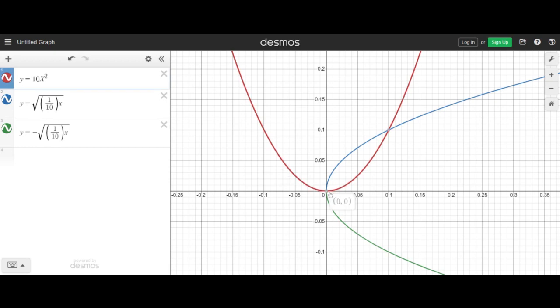Oh, look, see, look at that. You can just click on the dots. There's one up there at the other point of intersection as well. Okay, wow, there we go. Thank you. 0, 0, and it looks like 0.1, 0.1. Those are the points of intersection: 0, 0, and 0.1, 0.1.